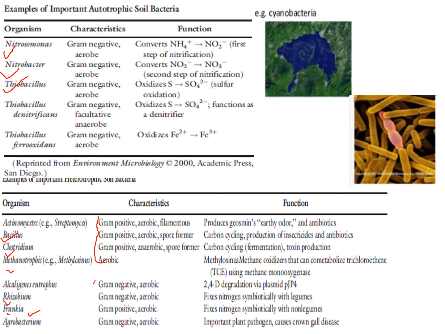Rhizobium, Frankia, Agrobacterium and Azotobacter are gram-negative aerobic bacteria. So again, heterotrophs can be gram positive or gram negative. Same way, autotrophs can be gram negative as well as gram positive, but most of the time autotrophic organisms are gram-negative bacteria.